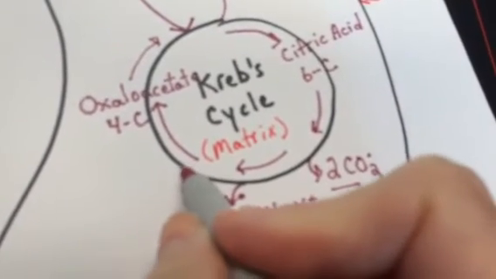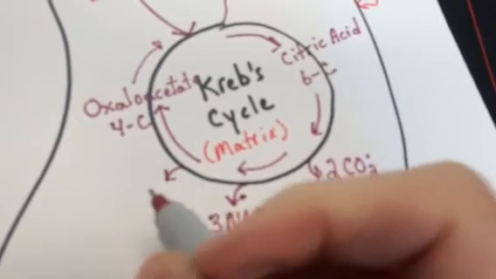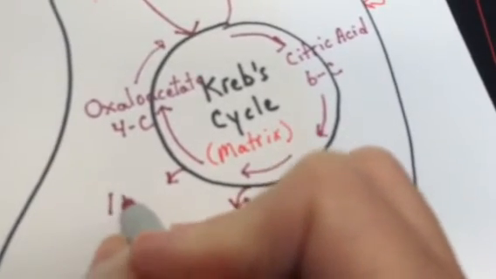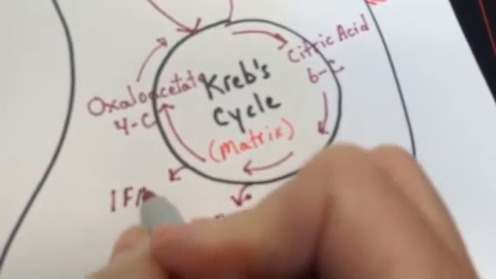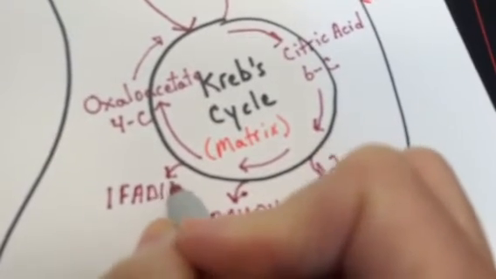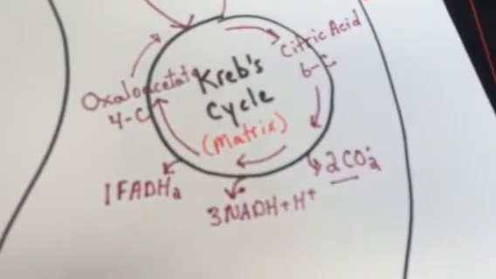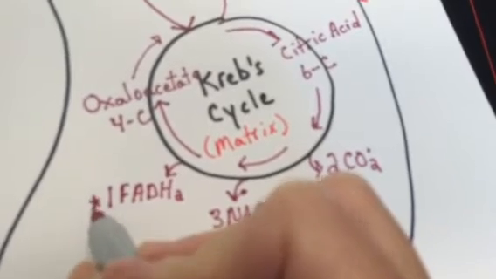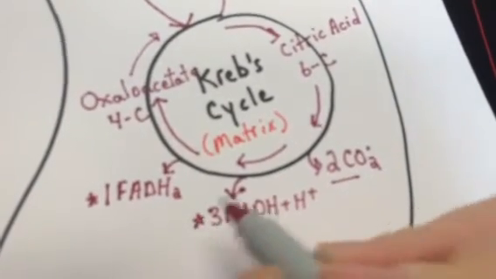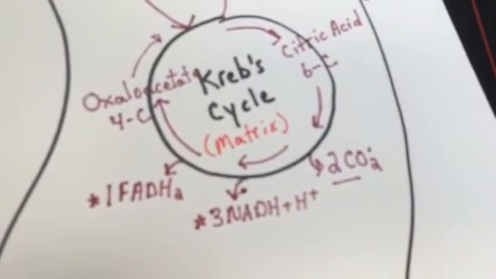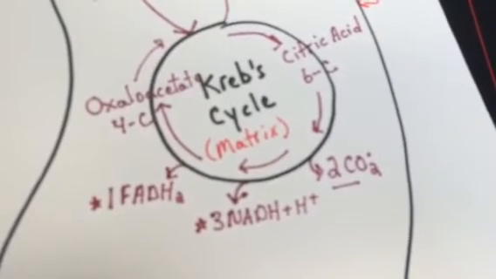And we're going to reduce 1 molecule of FAD. This will be the first place we've seen FAD being reduced. So we're going to produce 1 molecule of FADH2. So hydrogen harvesting here and here.